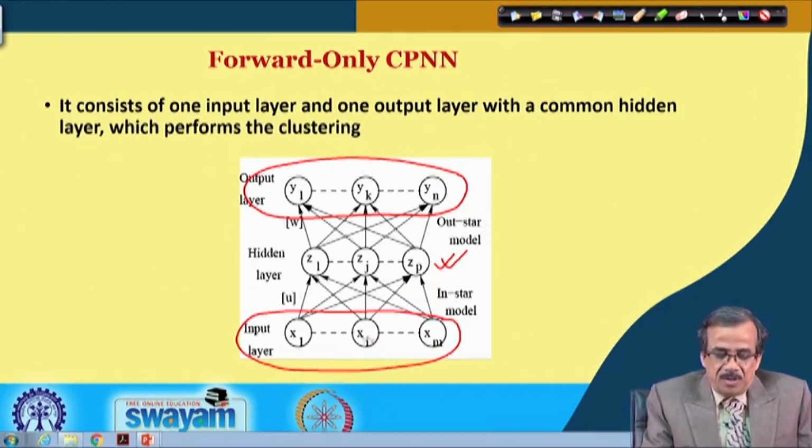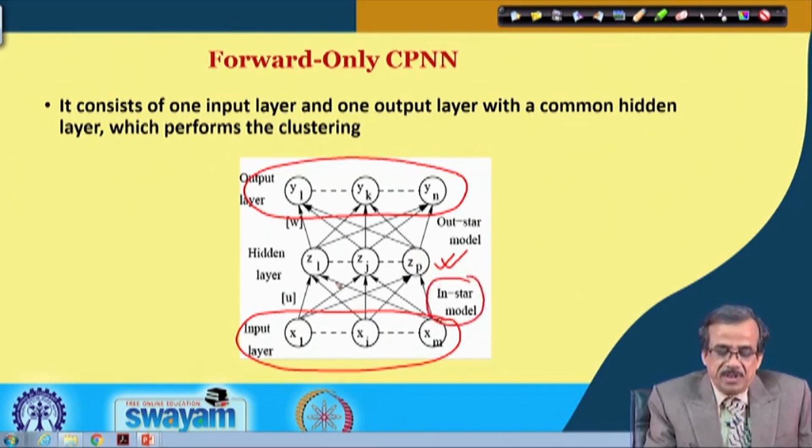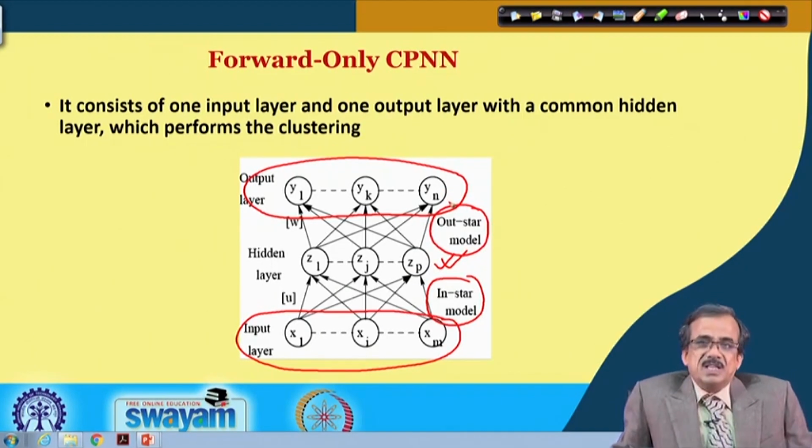In between the input layer and the hidden layer we have the instar model, and in between the hidden and the output layer we have the outstar model. The working principle is exactly the same.